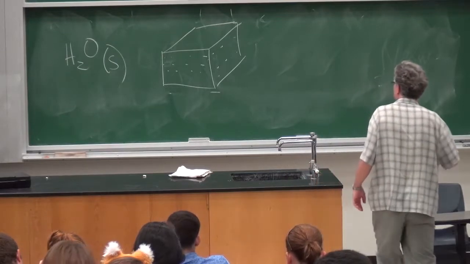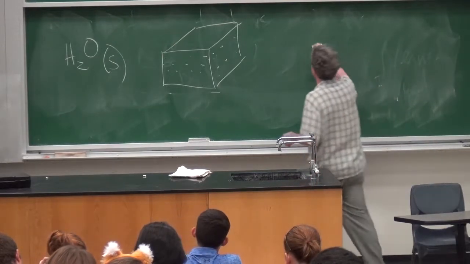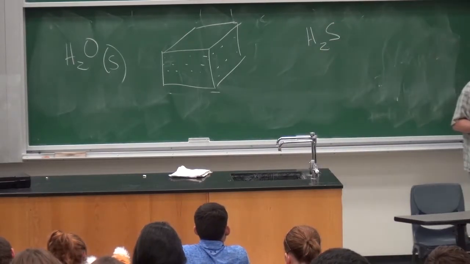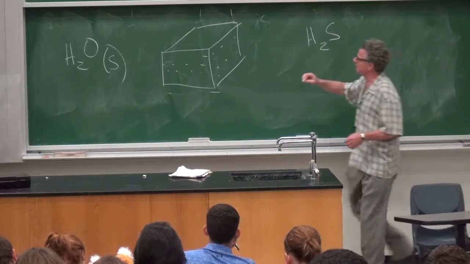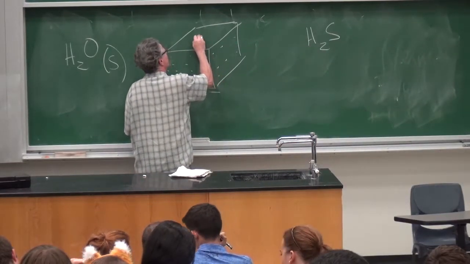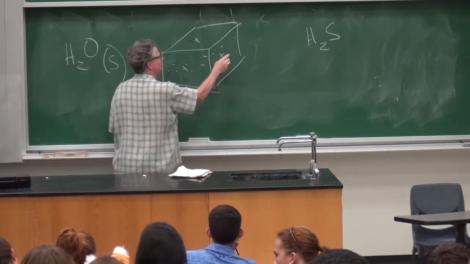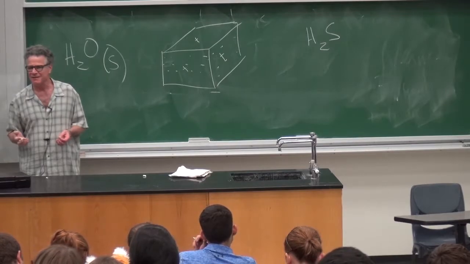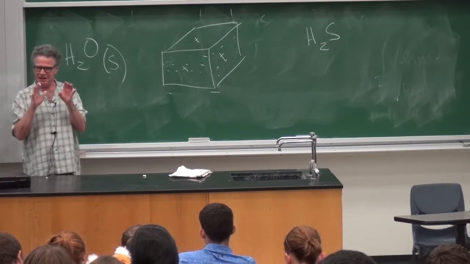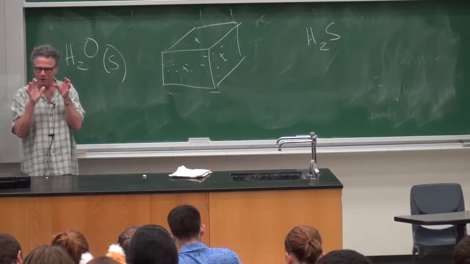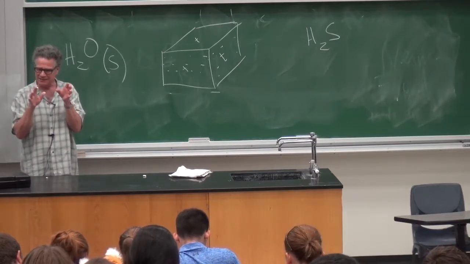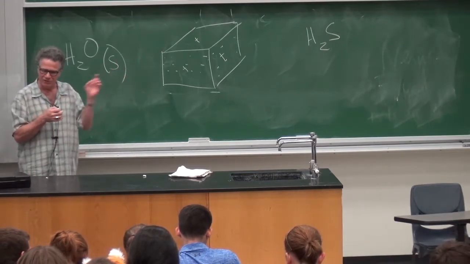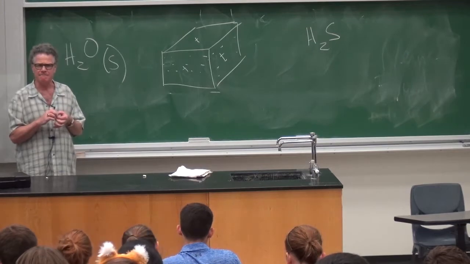But if before you froze it, you added, let's say, a little bit of H2S, such that every once in a while there's a defect, that defect being an H2S that has replaced an H2O. Are you with me? So I just changed a pure crystalline water ice lattice, and I substituted a tiny amount of H2S for some of the H2Os.